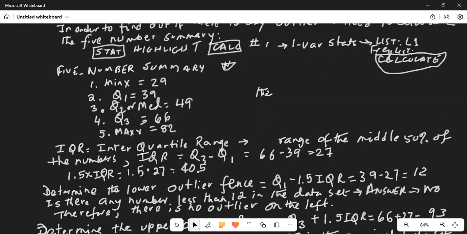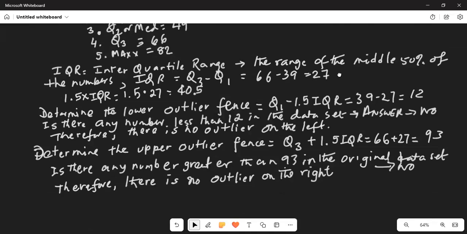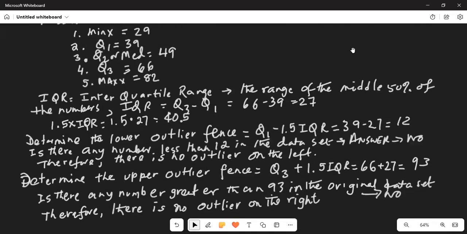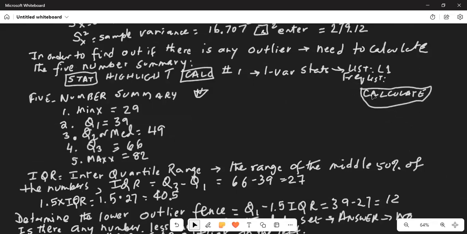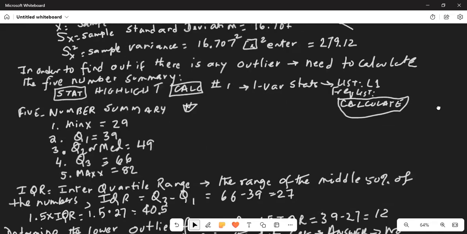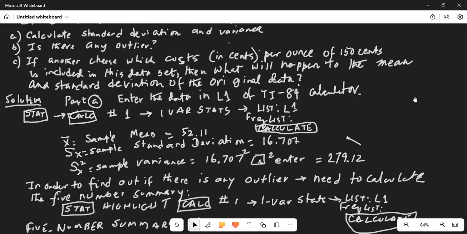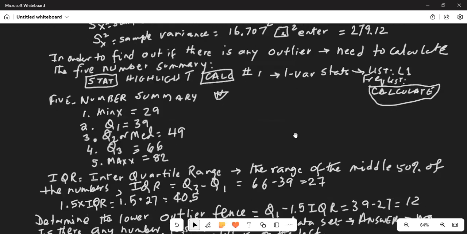Now we are going to add the additional data point. This is part C, the last part.